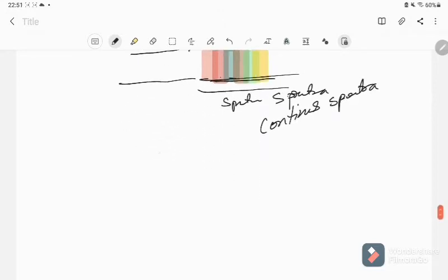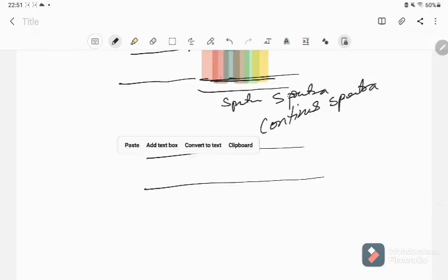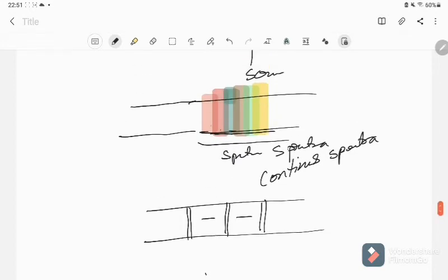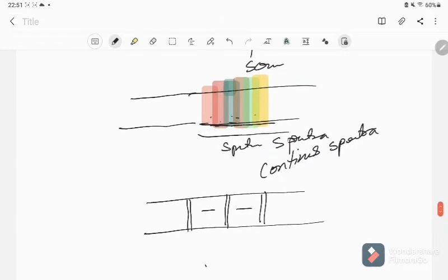But in some cases you will see like this: here one line and then a gap, nothing is there, and then you will get one line here. So this is not continuous. A gap is there between them. But here there is no gap between the colors, so they are continuous.